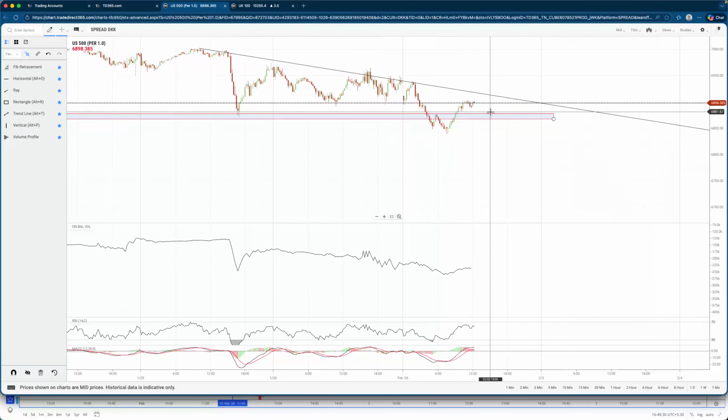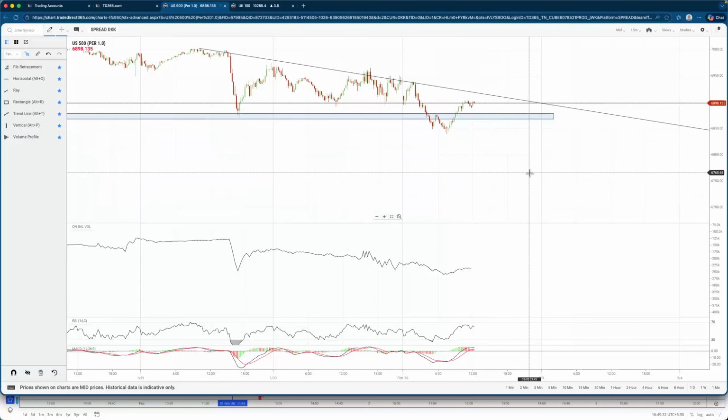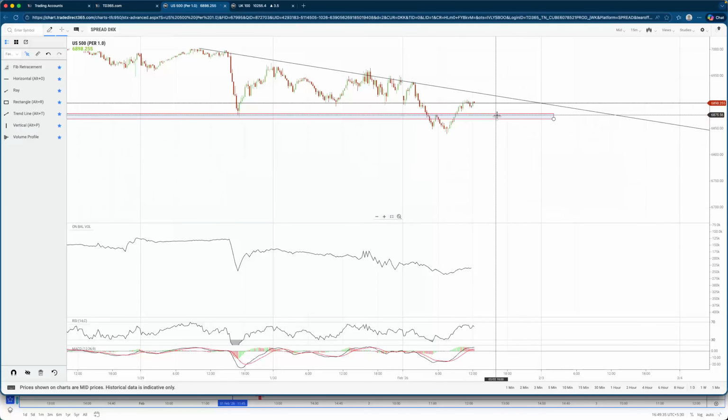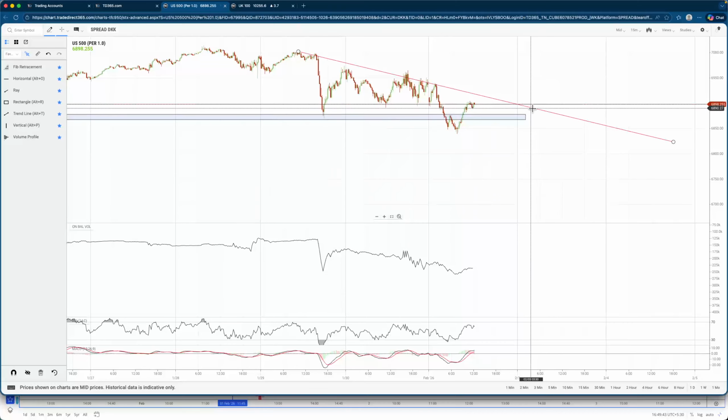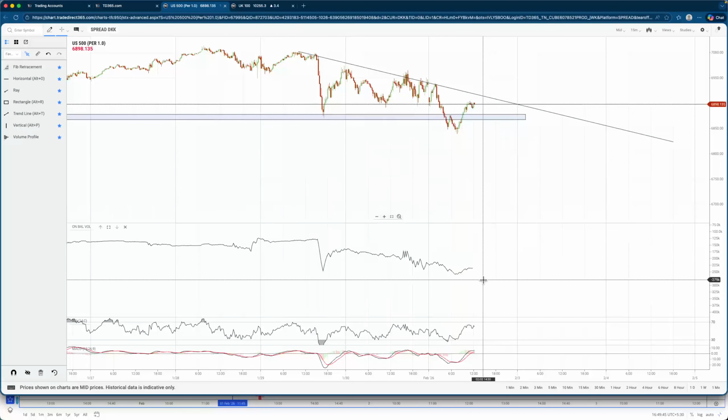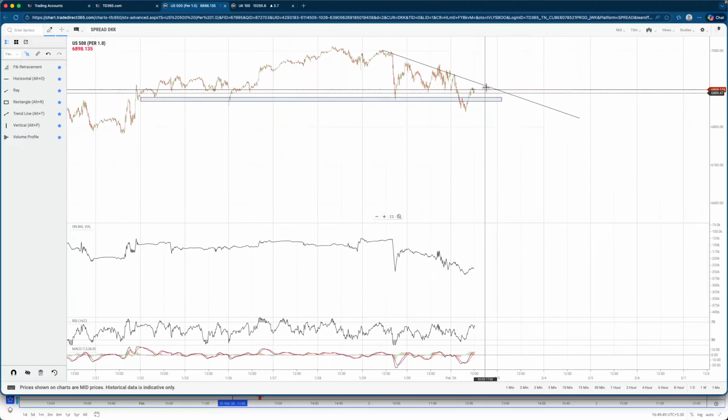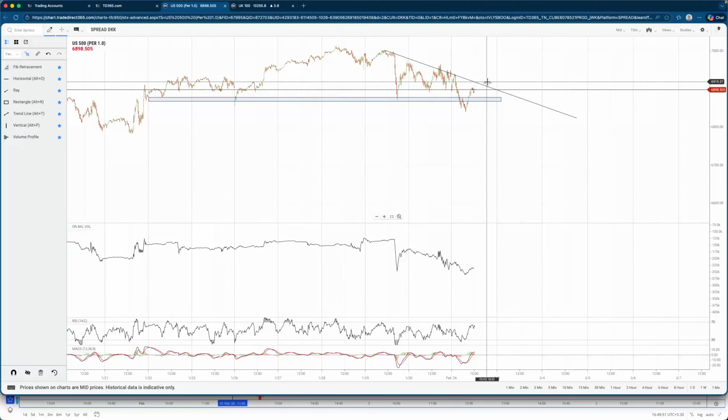If it opens a gap down, there is support here, so it will then rebound to break this trend line, but I don't see that positively unless there is a volume change. So my view is bearish.